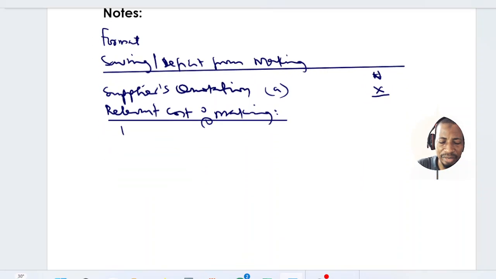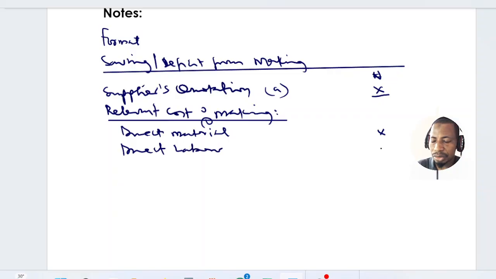Any relevant cost you have there, put it under this heading. So you can have direct material, you post. You may be given direct labor, you post. You can also have direct expenses, you post.